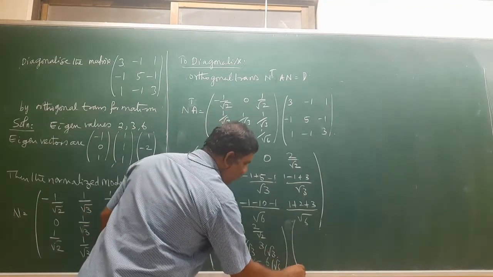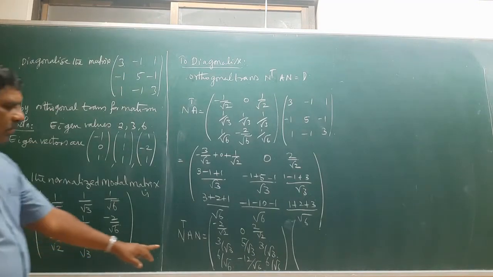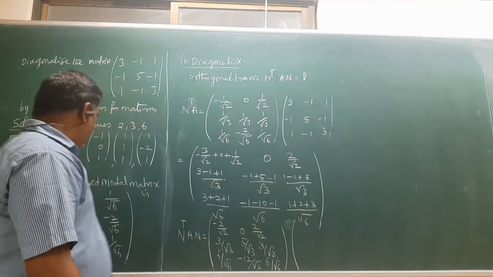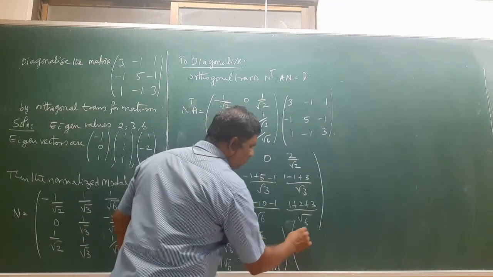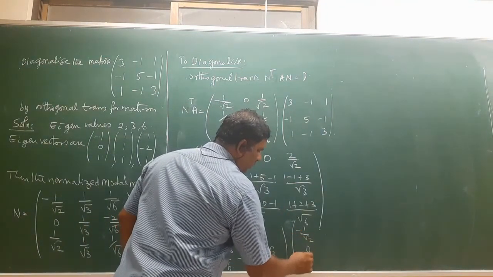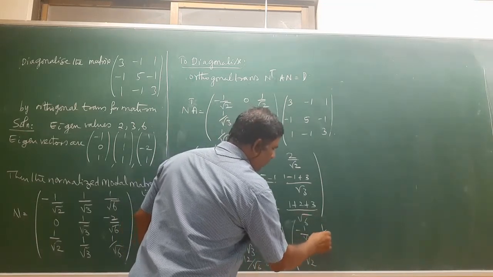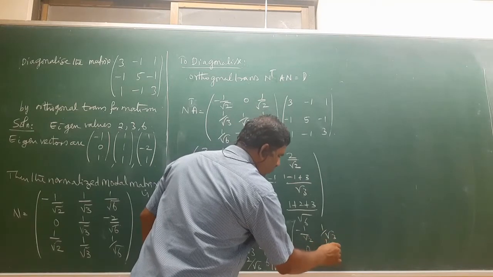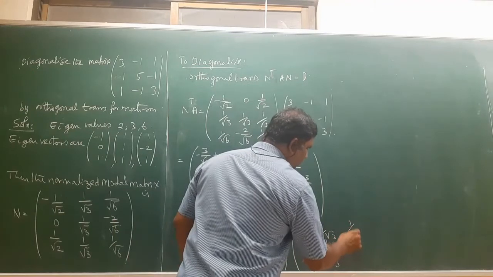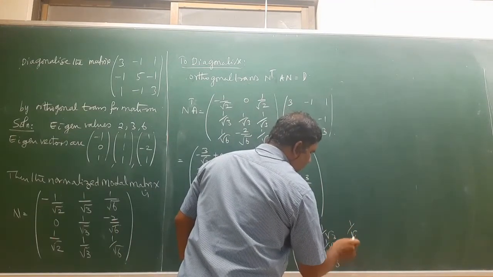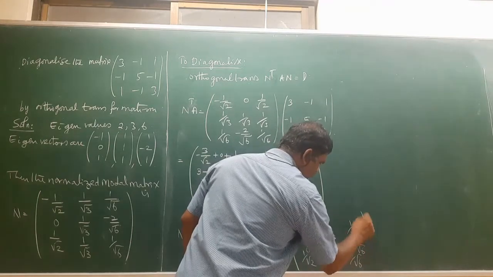Multiply with N transpose, multiply with N. So N transpose A N. What is N here? This one: minus 1 by root 2, 0, 1 by root 2; 1 by root 3, 1 by root 3, 1 by root 3; 1 by root 6, minus 2 by root 6, 1 by root 6.